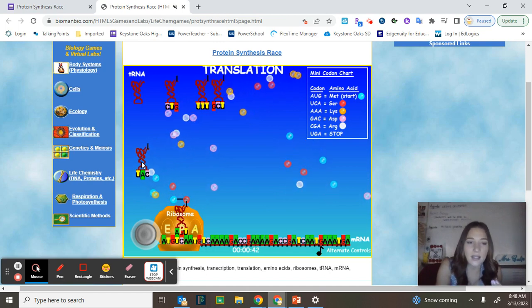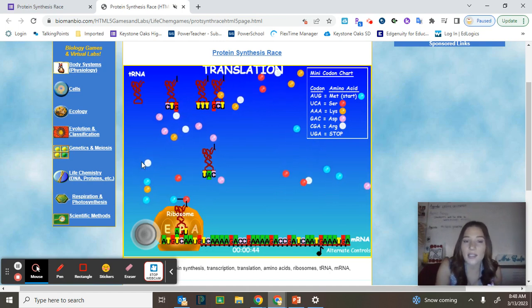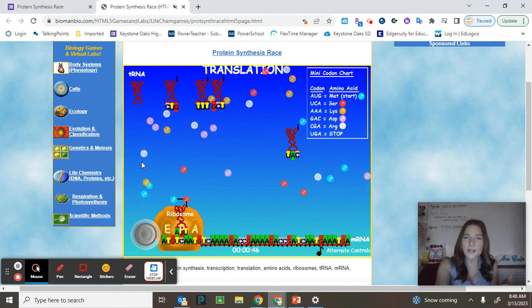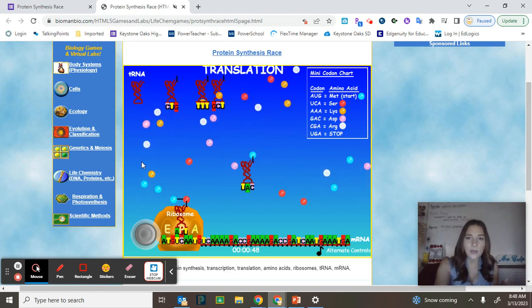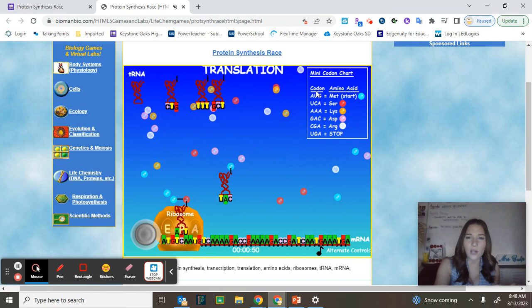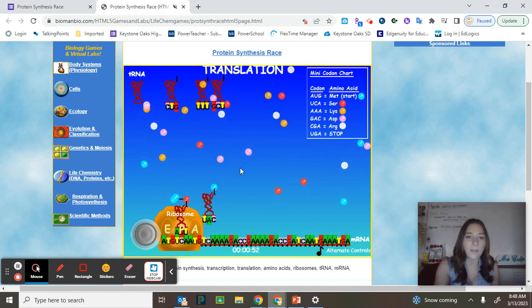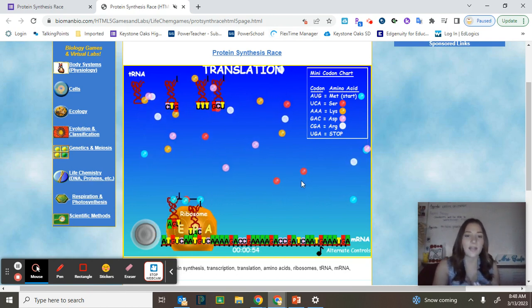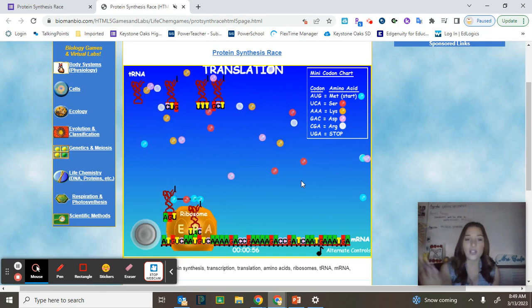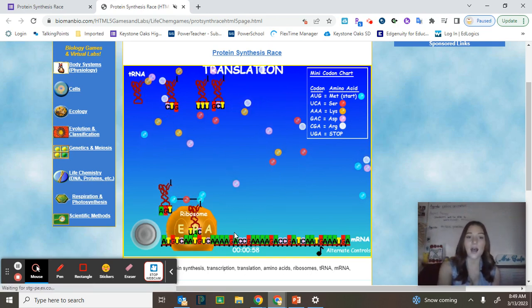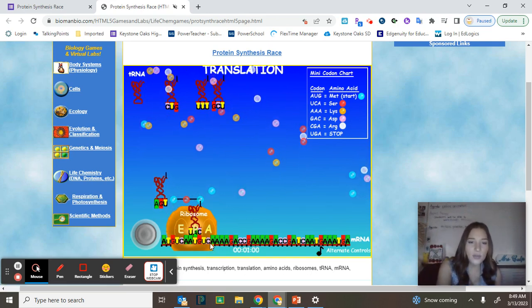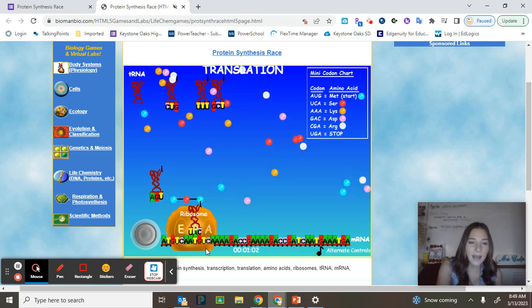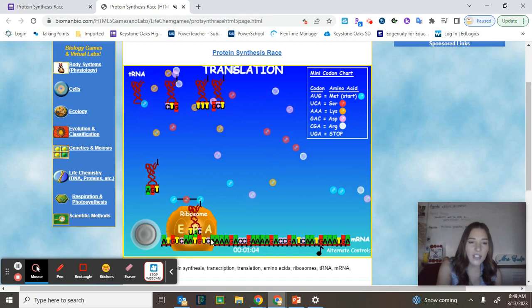AUG, again, I'm going to need UAC as my anticodon because it's just the complementary 3 bases. I need to pick up a blue amino acid. You can see that in the codon chart. AUG codes for MET. We're going to bring that here. And again, I'm just building this chain of amino acids. So UCA is my next one.